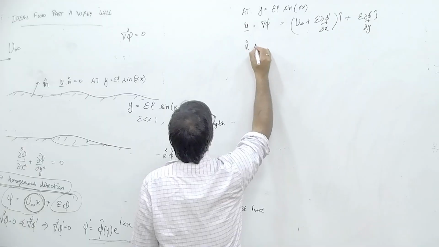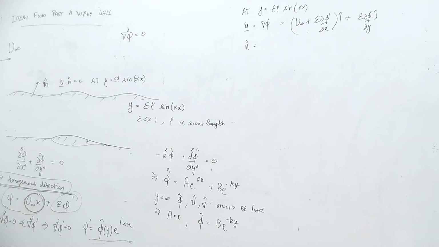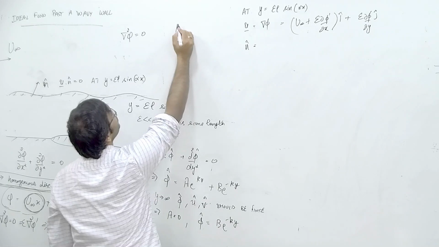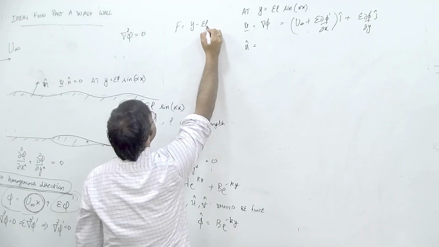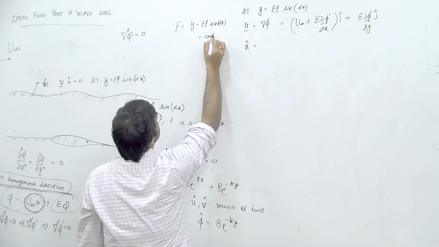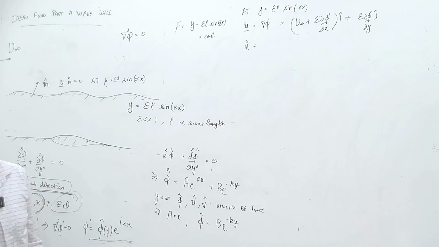What is n hat? How can I get the wall normal? If I know the wall equation, the curve, how can I get the normal? Gradient of what? We have to write the implicit equation for this curve. So let's say f is y minus epsilon L sine alpha x equals constant, the equation defining this curve.